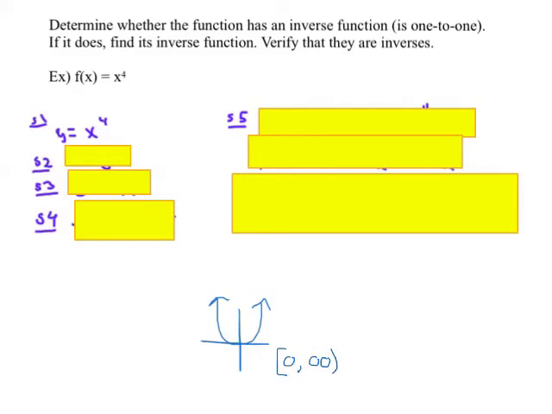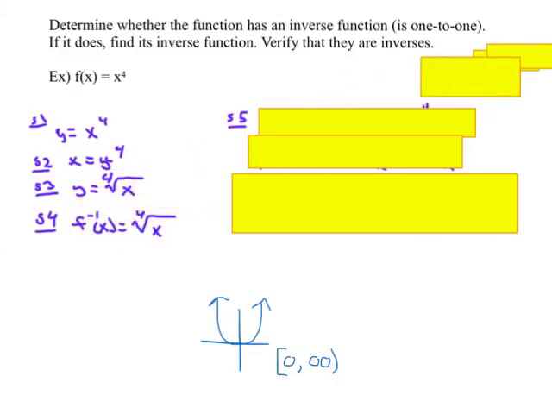So now, after restricting the domain, I can go ahead and interchange the x and y's. I can solve for y by taking the fourth root of both sides, and then I can replace the y with f inverse. Now, after doing that, it's our turn to prove that.